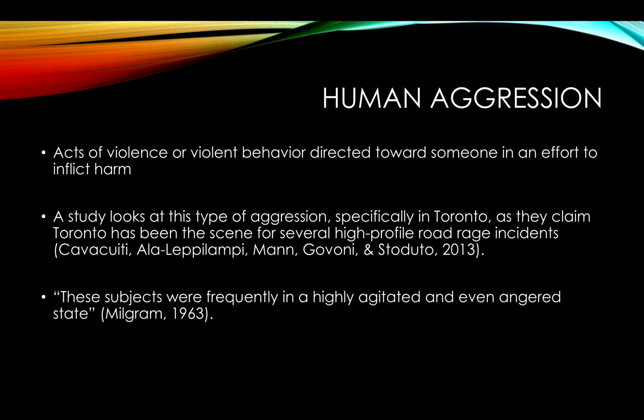The study looks at the type of aggression specifically in Toronto, as it's said to be the scene for several high-profile road rage incidents. And I think that just the more traffic that is presented there, and people get angry very quickly on the road. And so aggression can be anywhere and everywhere.